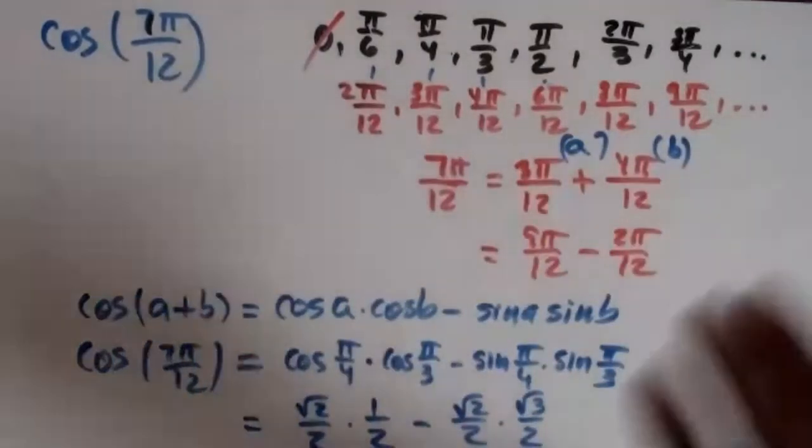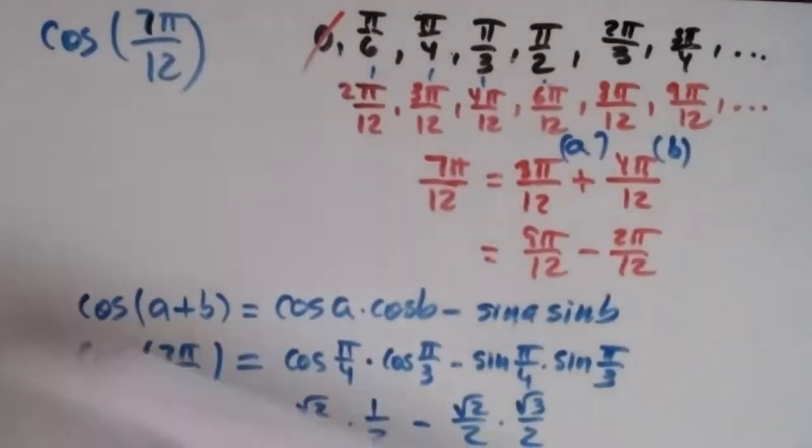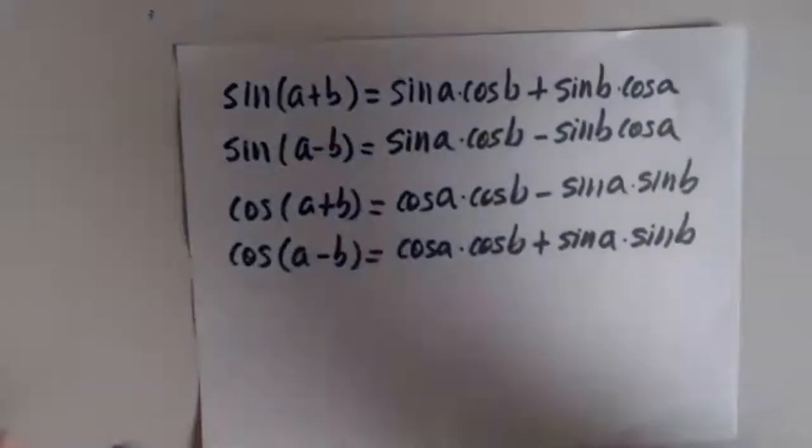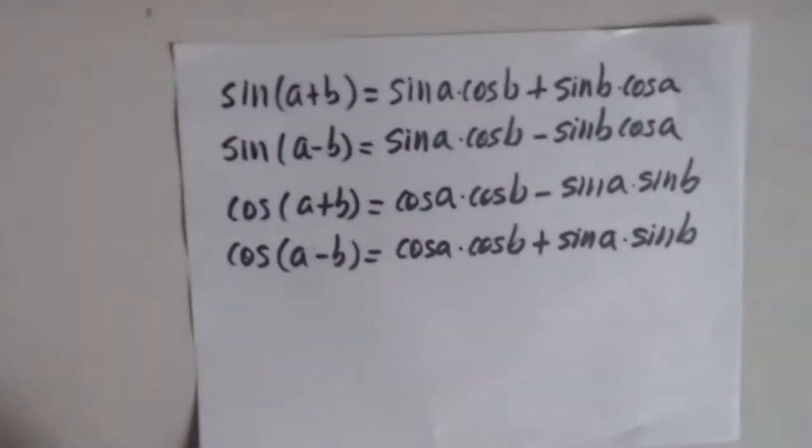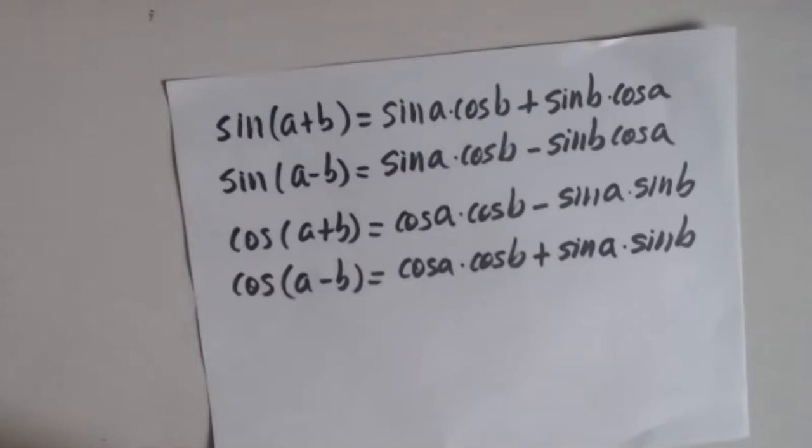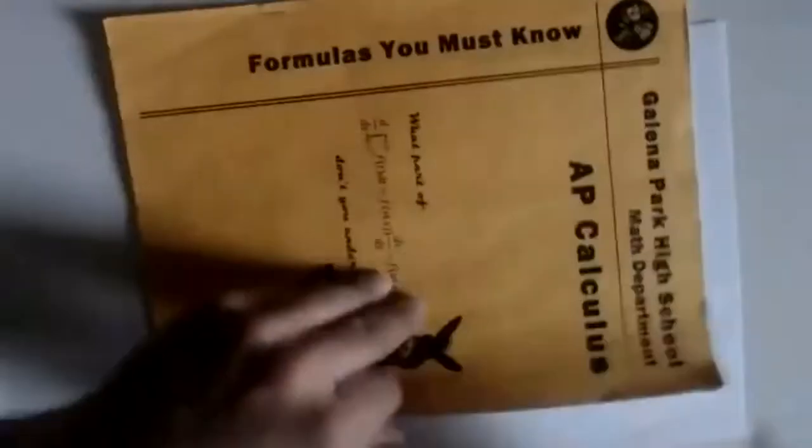And well, the only thing you have to do, in case of the tangent, for instance, is use the formulas for tangent. I didn't write them here, but it's very simple. They are in your formula booklet. So you need tangent of A plus B and tangent of A minus B, right? So it's very simple.